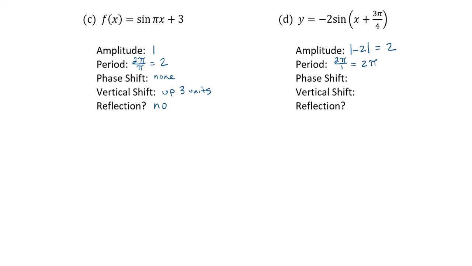The phase shift is a negative 3 pi over 4, which means the negative indicates we're going to be moving to the left by 3 pi over 4. There is no vertical shift, and there is a reflection. We'll have to reflect this vertically.